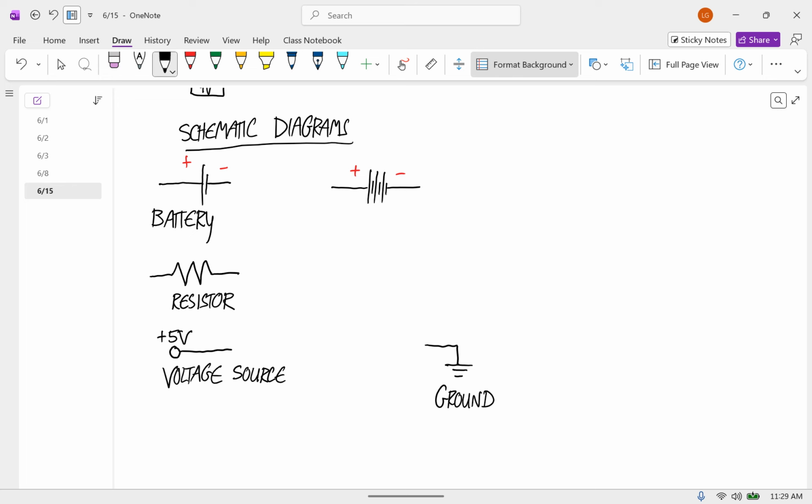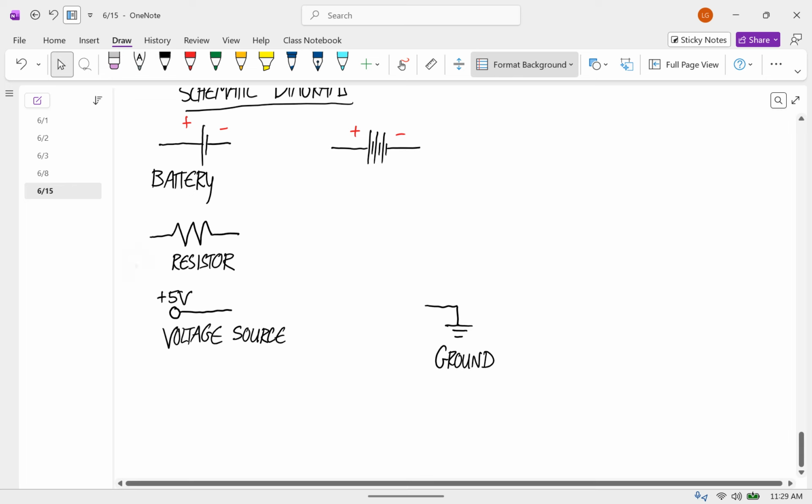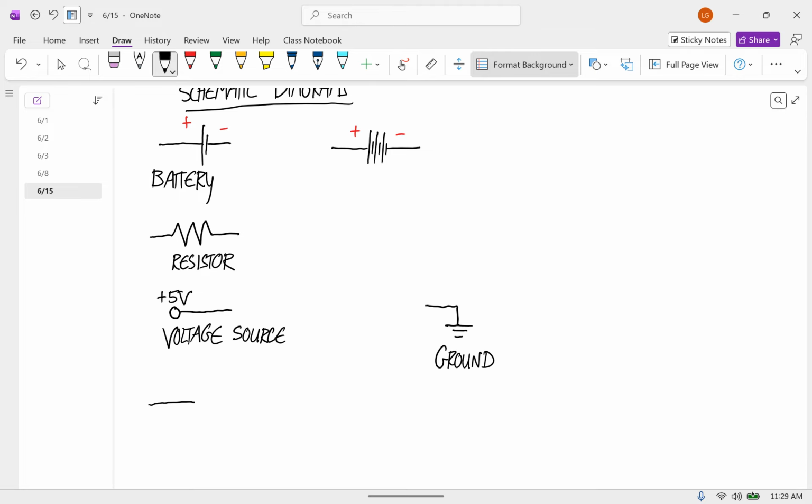And since we're about to do something with LEDs, I'll give you the symbol for the LED. An LED has a triangle with a line in front of the sharp end, and then 2 arrows coming out of it that indicate the light.